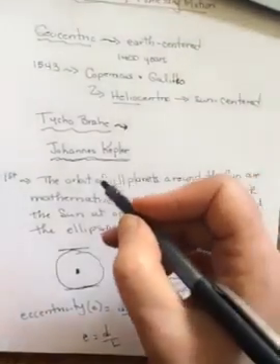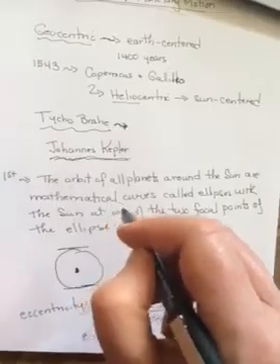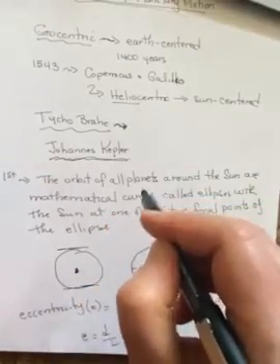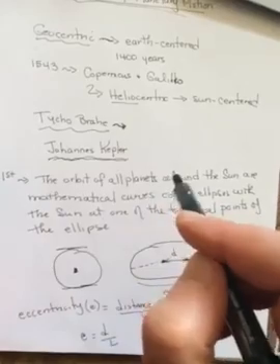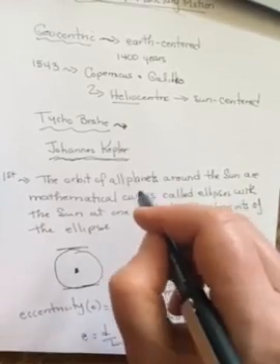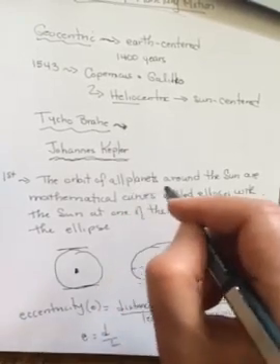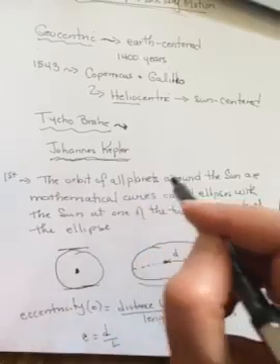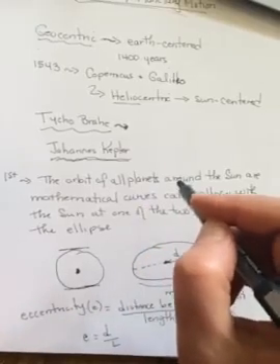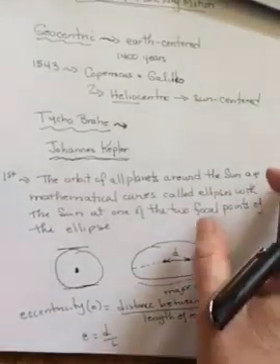Now, just a couple of notes. Kepler saw it right away when he looked at all of Tycho's data. The reason Tycho couldn't figure it out is because Tycho and everybody else at his time was convinced that everything in the sky had to be moving in circles. Circles were seen as the perfect shape. There is no way the creator of the universe would have used anything other than circles.